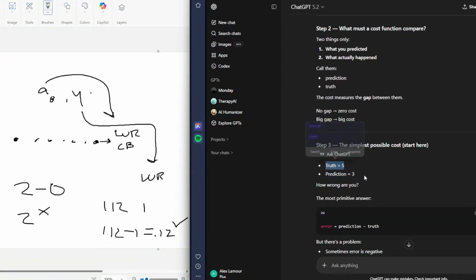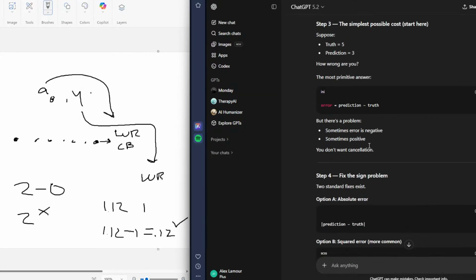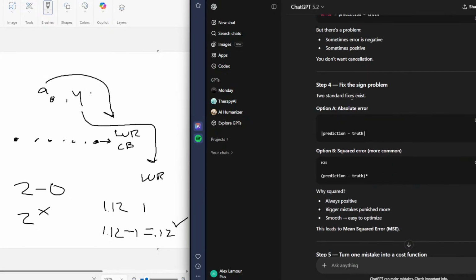Truth is 5, prediction is 3. You're very wrong. You get the absolute, and then, okay, so I see. You're really just subtracting, right? But then you want the absolute error in case it's negative.